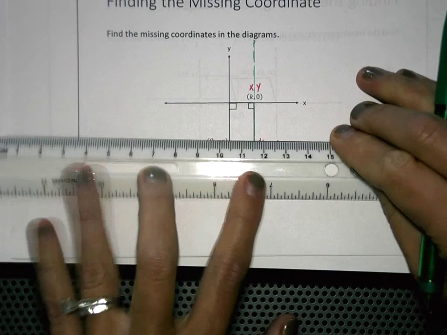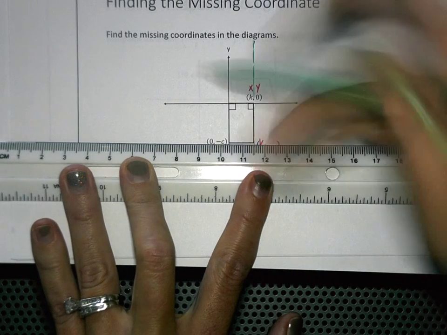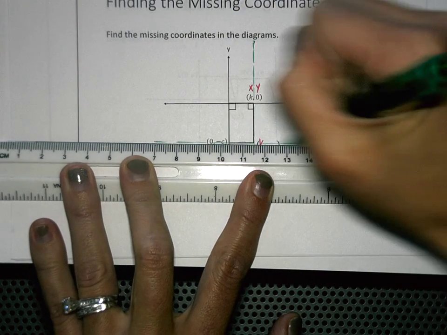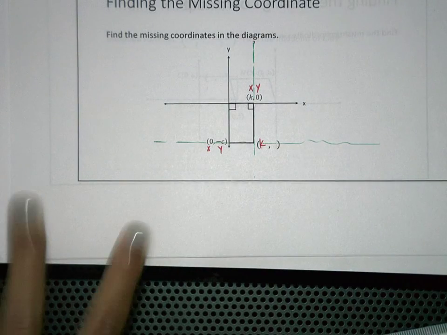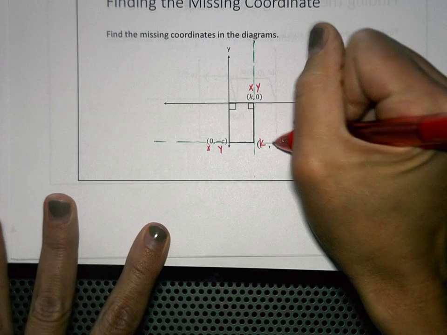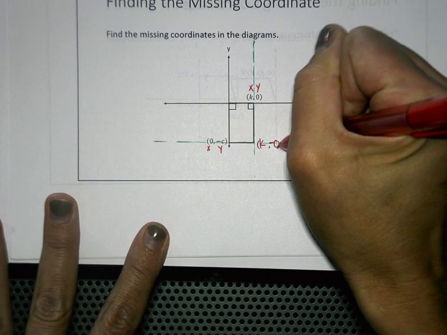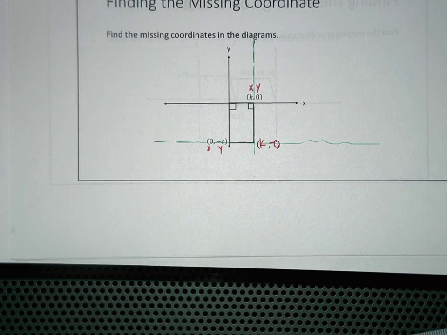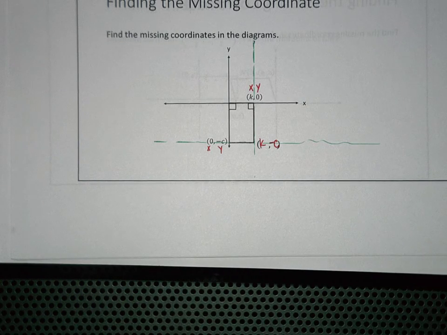Any y on this line is going to have the same y value. And so since y is negative c right here, this is also negative c. Does that make sense? Yeah?